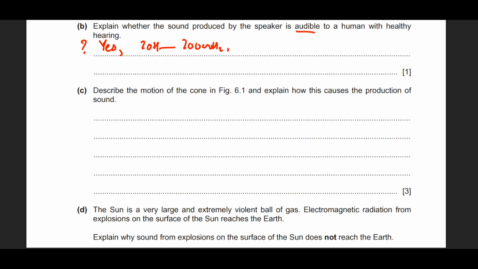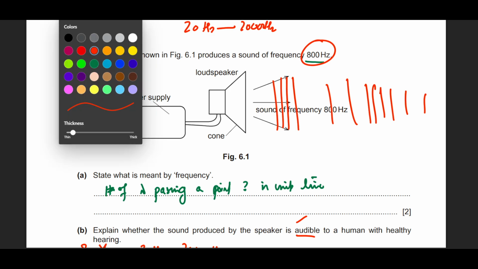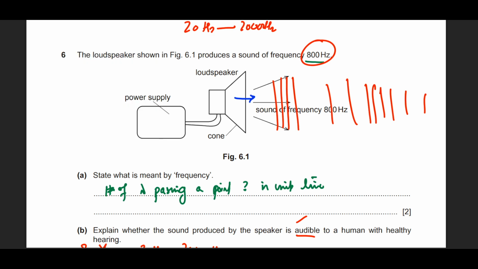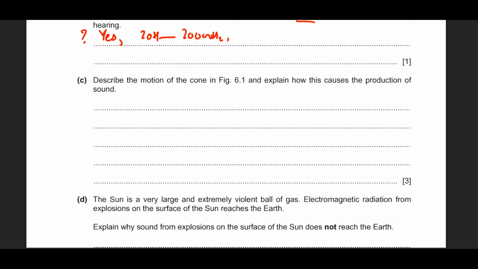Describe the motion of the cone to produce the sound. Now we understand that sound moves as compression and rarefaction, and then compression, rarefaction. To do this, the cone has to move forward to produce a compression, and it has to move backward to produce a rarefaction. The same description goes in the answer as well, right? So you're going to write that when the cone moves forward, a compression is produced.